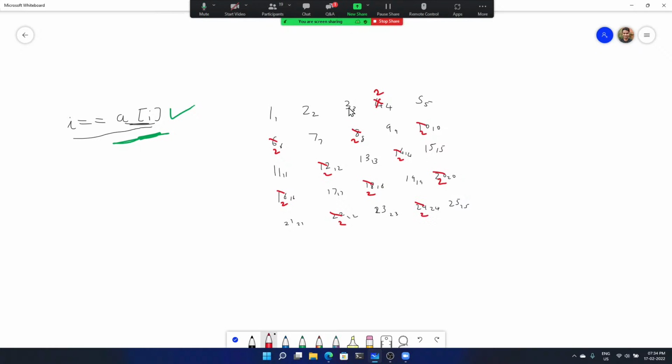Now for 3 I go to 3's next multiple, that is 6. I put 3 here, then the next multiple I put 3 here, the next multiple I put 3 here, then next multiple I put 3 here, next is 18 I put 3 here, 21 I put 3 here, then 24 I put 3.